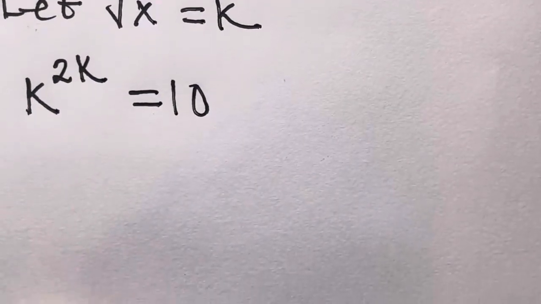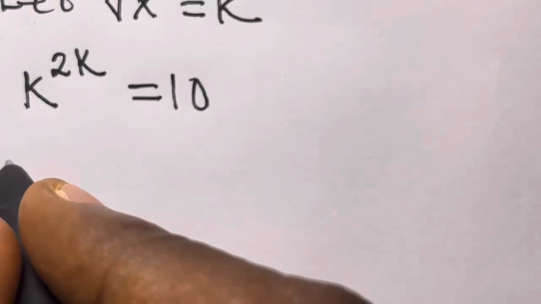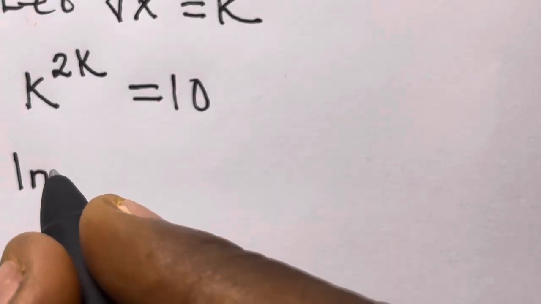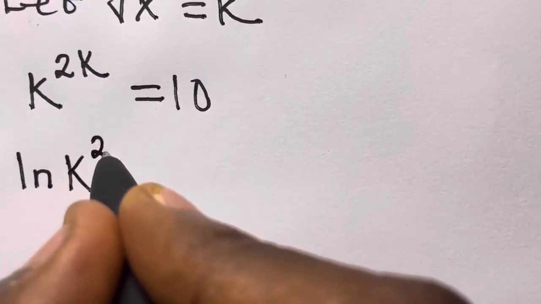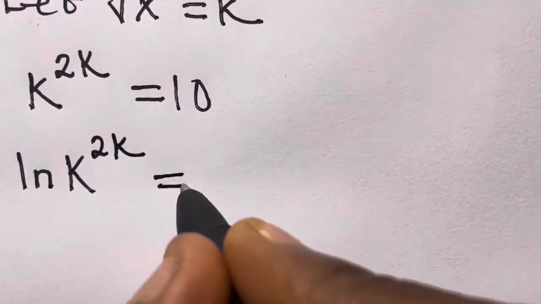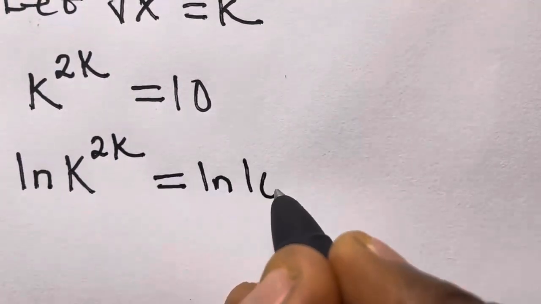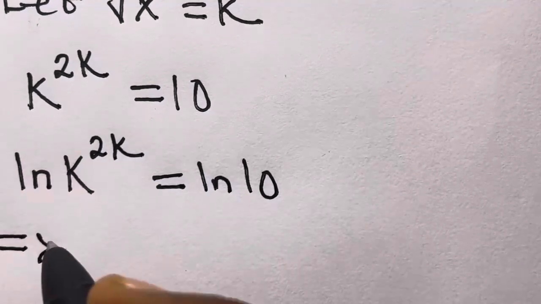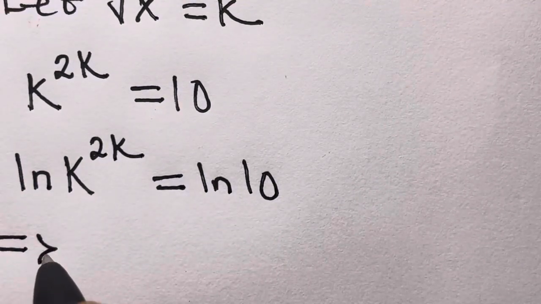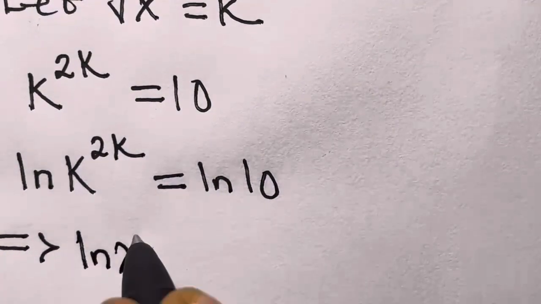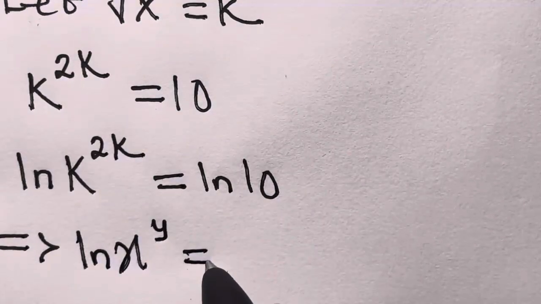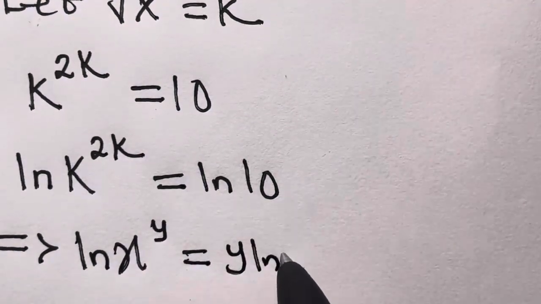So if we introduce ln to both sides, we will have ln of k raised to power 2k equals ln 10. Let's first recall that ln of x raised to power y equals y ln x.